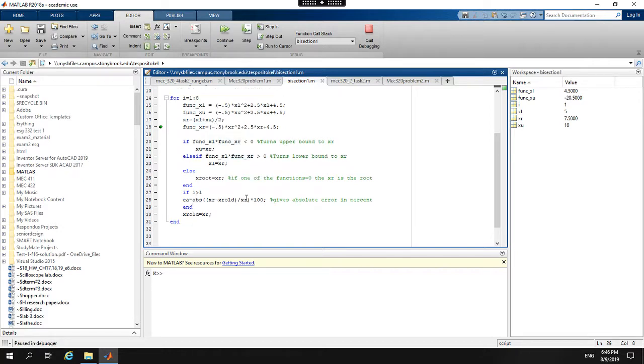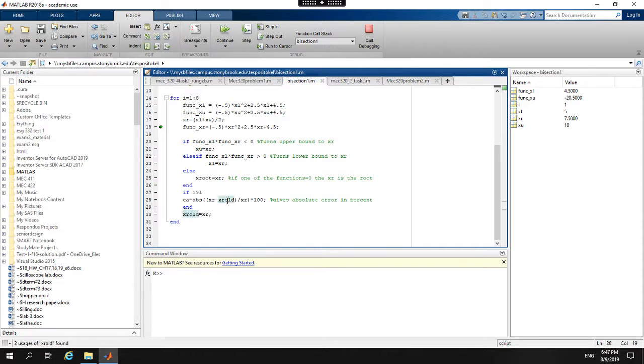We're going for our root, our guess. So this does work, but it won't work for the first iteration. And that will end that if statement. So after the first loop, it gives us our absolute error. And at the end of it, it just says xr old is equal to xr.